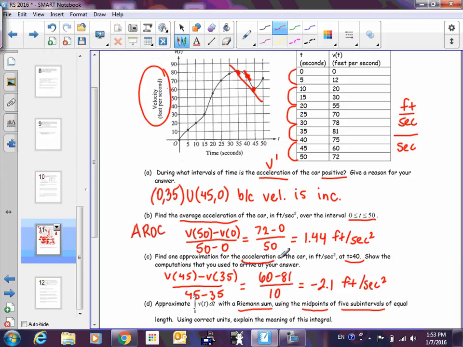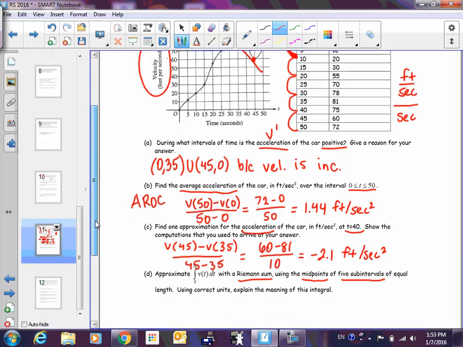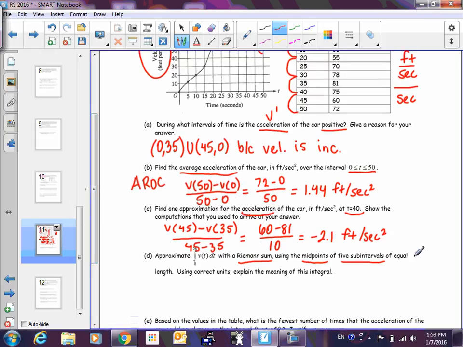So I can see here that there are 10 seconds in each subinterval, and there are 5 total. Notice that where 10 seconds finishes the first subinterval is where it starts the second subinterval. It's not like the first one ends at 10 and the next one begins at 15. That's a common mistake. Okay, I'm going to go ahead and write out here, delta t equals 10.